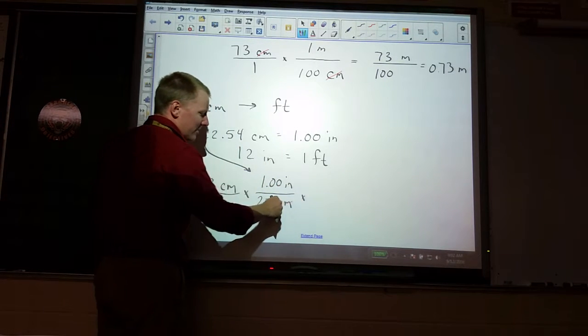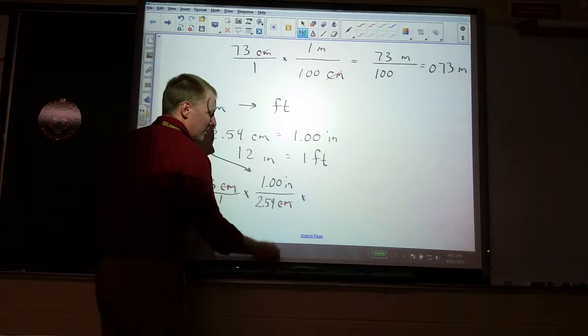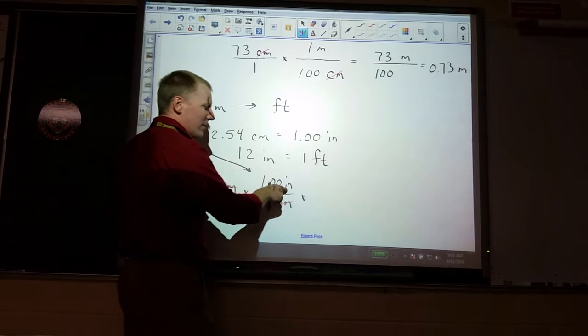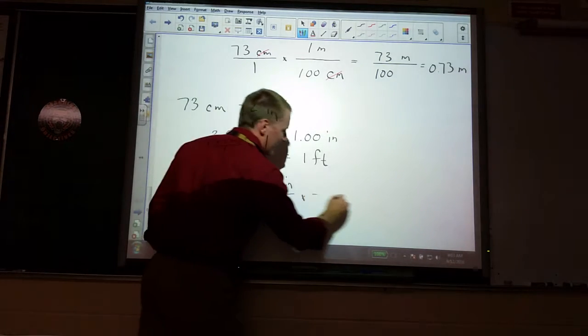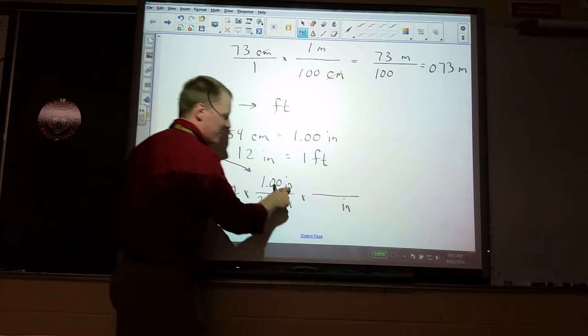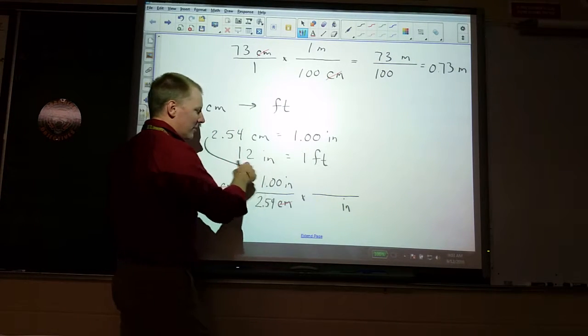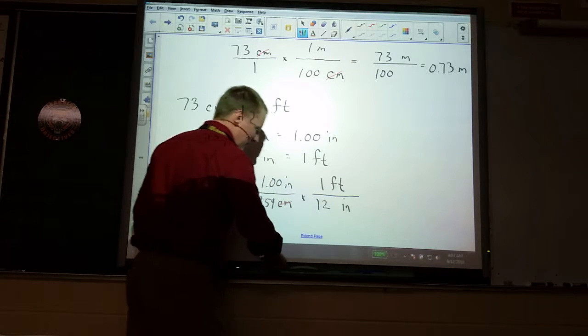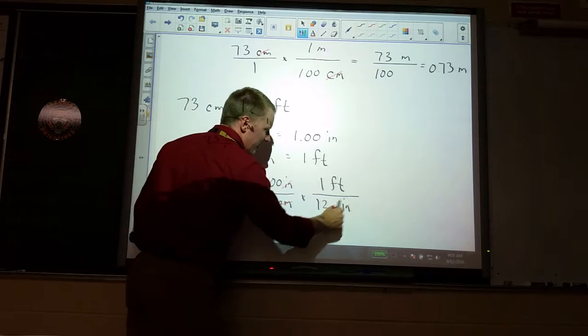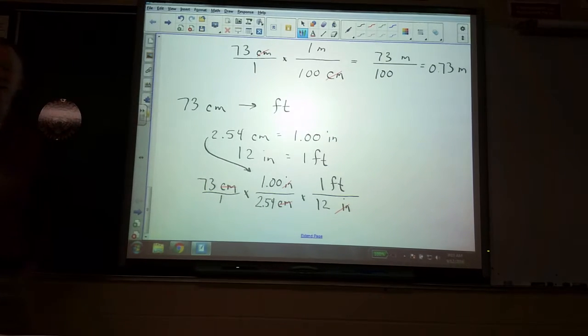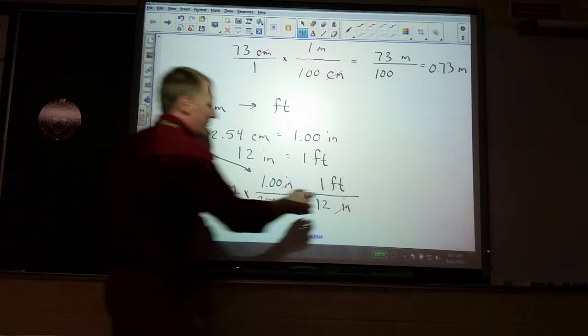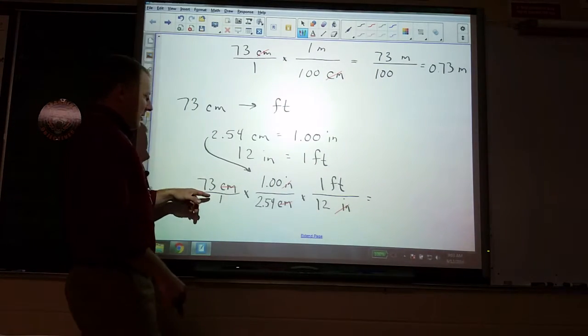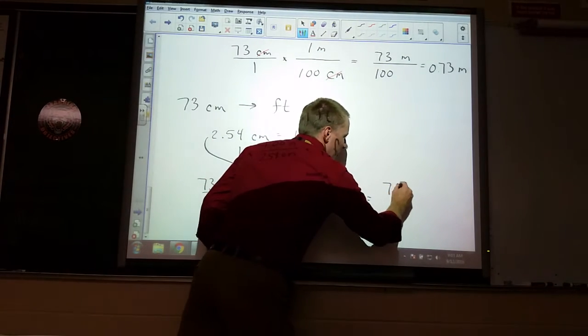That would allow me to cancel centimeters and centimeters. Now, I don't want to stay in inches, I want to get to feet eventually, so I want inches in the bottom so that I can cancel these. And I know that there are 12 inches in 1 foot. So I cancel inches and inches, and all I'm left with is feet, which is the unit that I wanted to convert into. So we'd have 73 on top, feet.